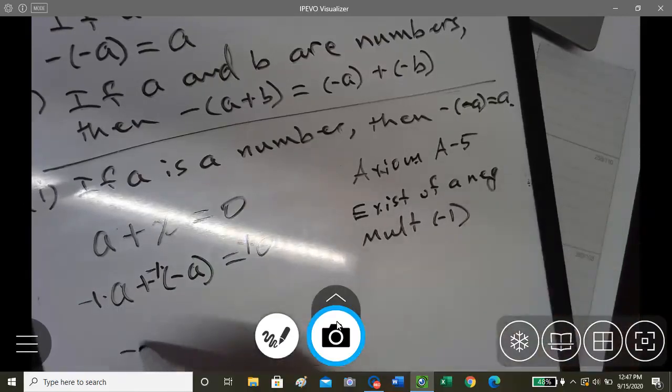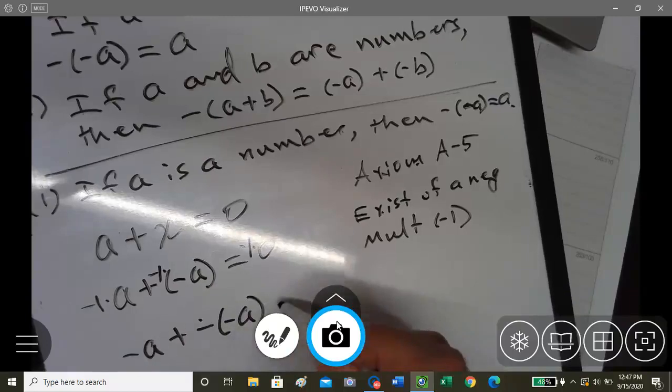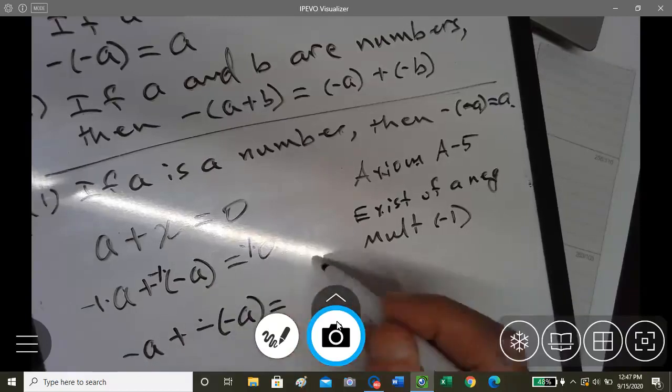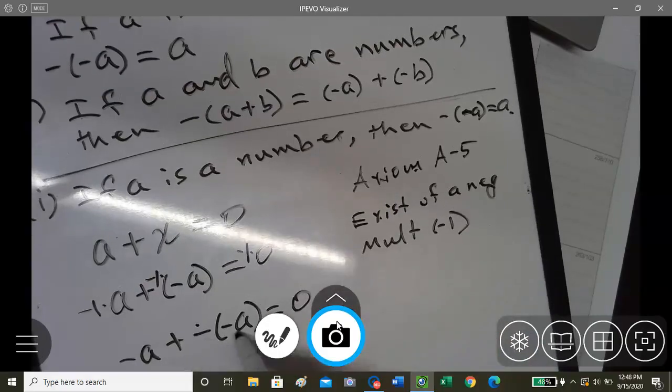So that gives us a negative a plus minus times a negative a equals, well, negative 1 times 0, that's still just 0. So minus a negative a is a positive a, so this is negative a plus a equals 0.